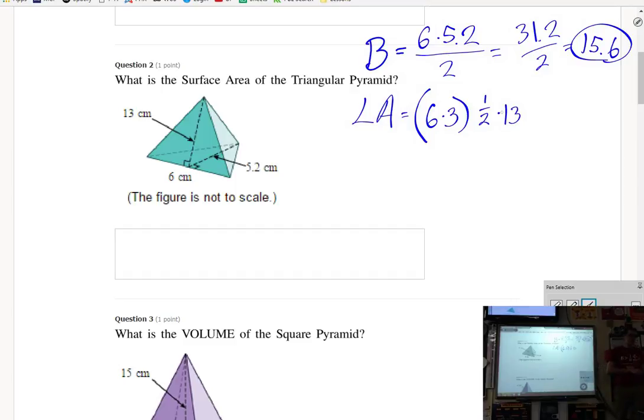Order doesn't matter. So I could have also done 3 faces times half of the 6 times the 13. There's other ways that I can write this too, but either way, I can do 3 times 6, which is 18. Half of that is 9. 9 times 13. 117.